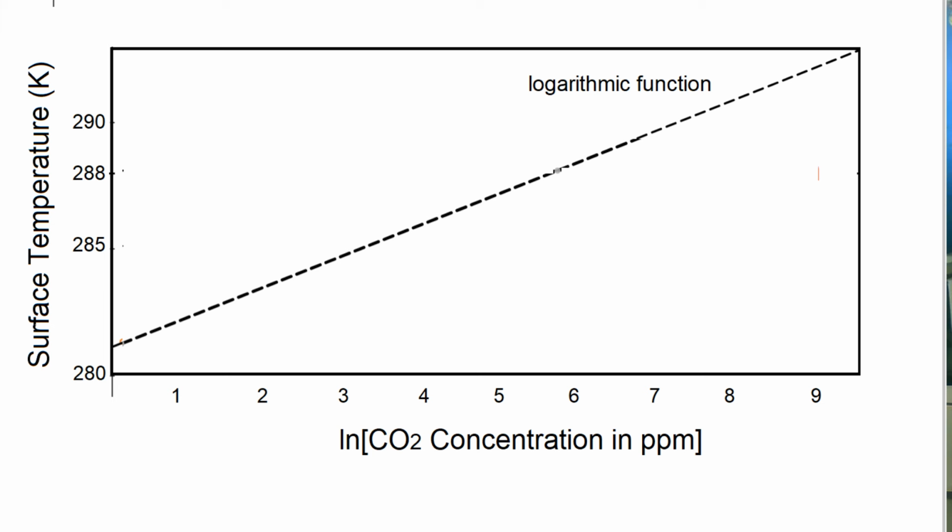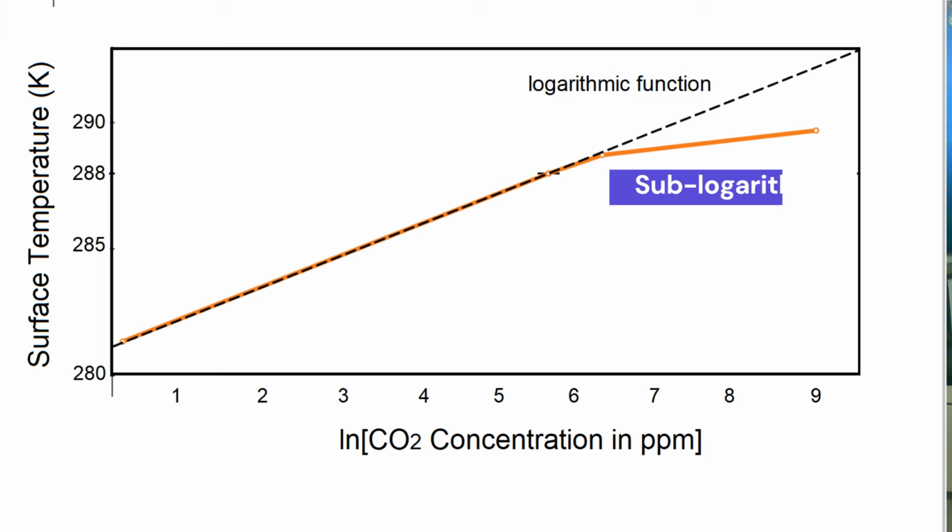By plotting my results using the same scale, it is clear that the increase in the CO2 blocked area at high levels should be called sub-logarithmic rather than supra-logarithmic, as called by Zhong and He, because the increase is noticeably slower than logarithmic, as you can see in this picture.